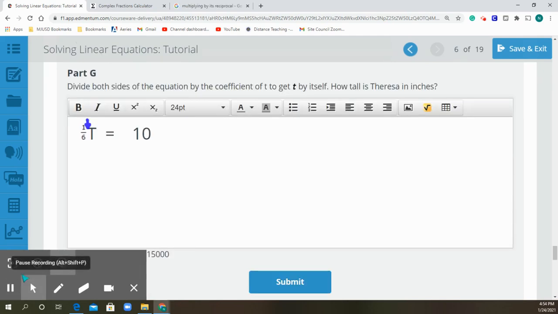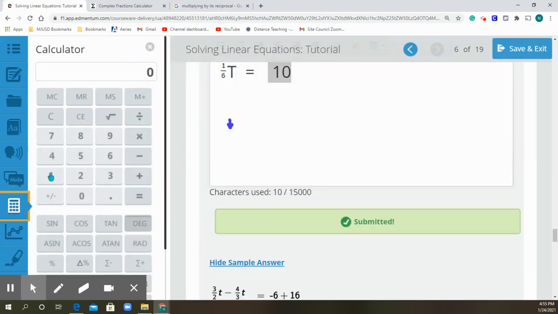All right, so what I did was I tried to divide to get rid of this 1/6 by 1/6. And that didn't work because then it gets to be 1t, but then to divide the 10 by 1/6 is 10 divided by 1/6.